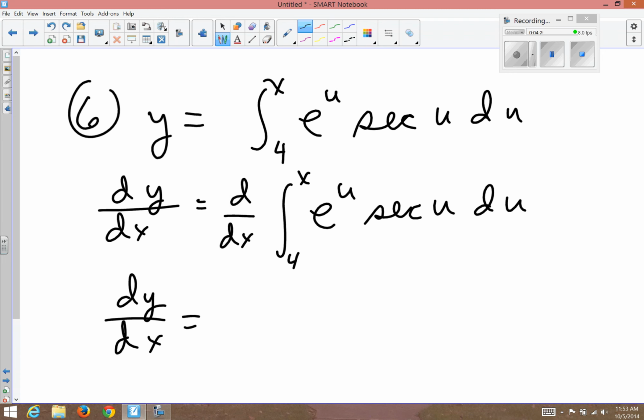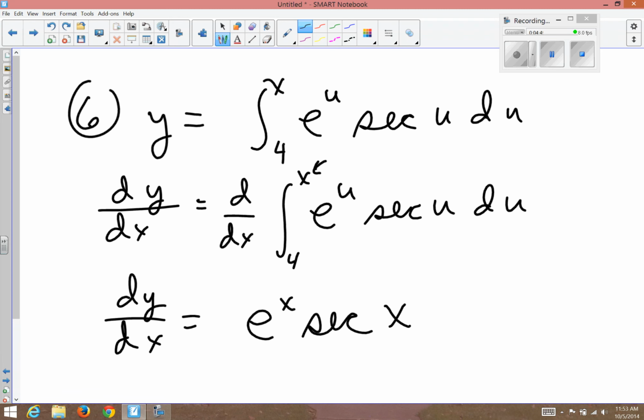Here's the theorem. Derivative, antiderivative, cancel each other out. The result is just the integrand, whatever variable is here. It's usually t, but whatever variable it is, it takes a hike. This goes in place of u. U gone, x in its place. We're done.